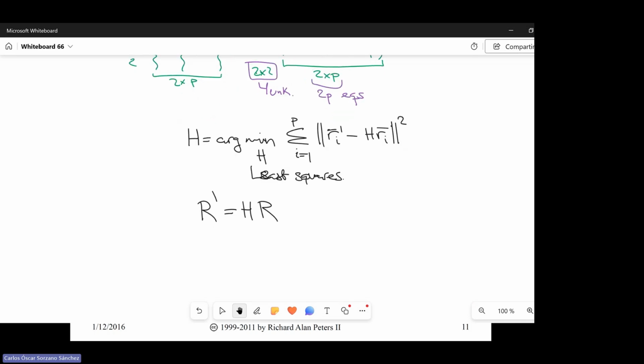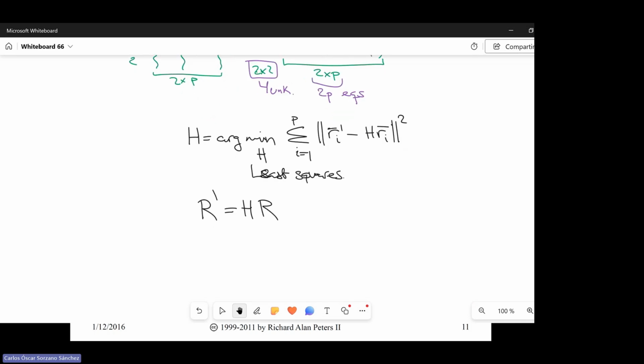Then what I would like to do is something like R prime times R minus 1. This is what we would like to do, but we cannot do that because this matrix is not square. So we have to somehow do this with quotes. So what are the quotes?